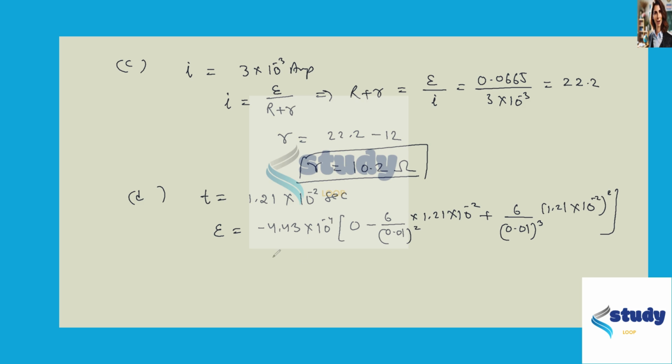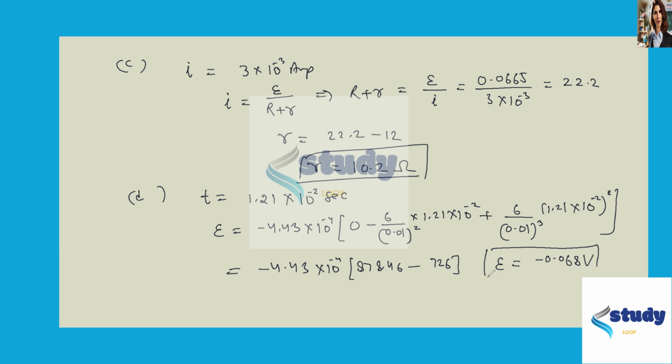So it takes the form minus 4.43 into 10 raised to the power minus 4, bracket 878.46 for this third term, and minus 726. So finally this EMF induced comes out to be minus 0.068 volt.